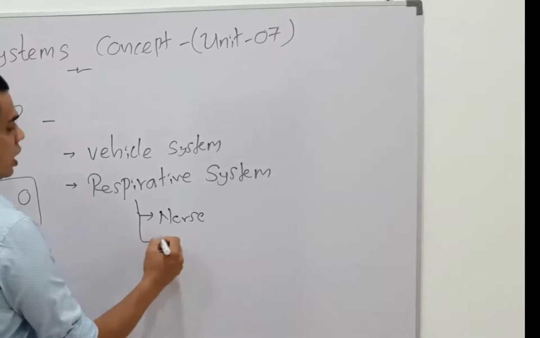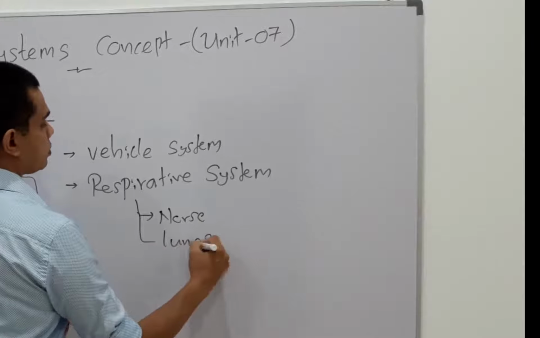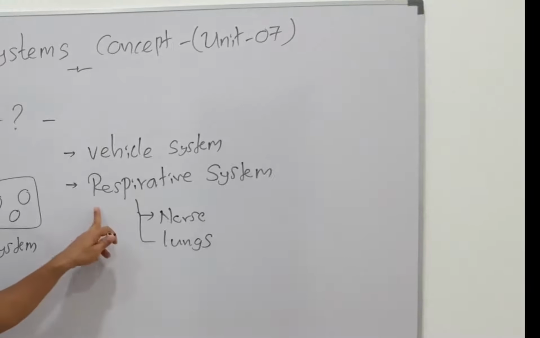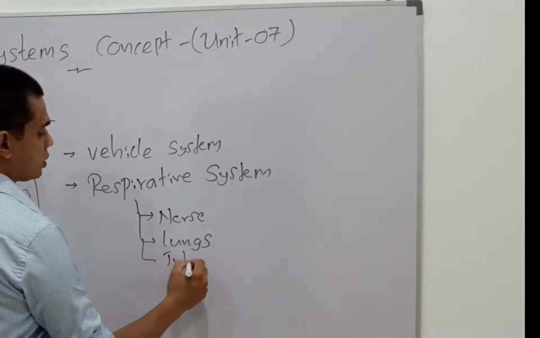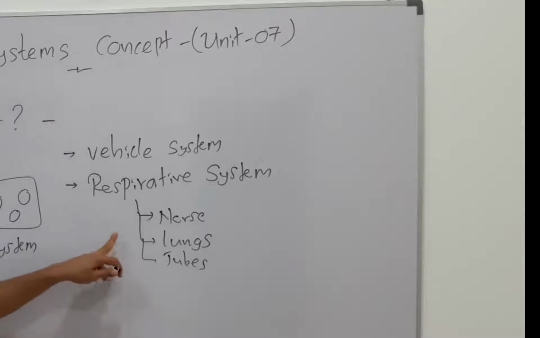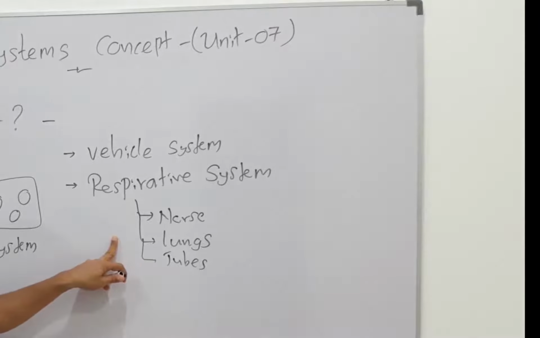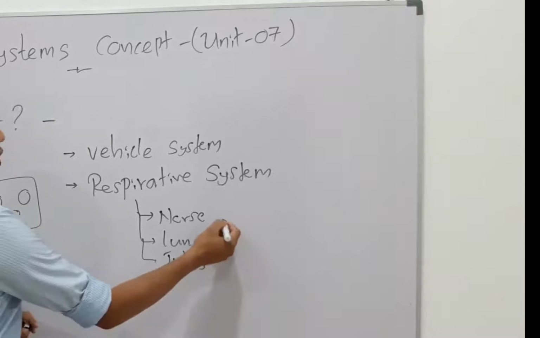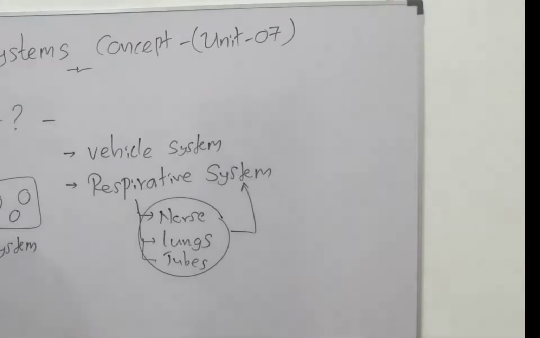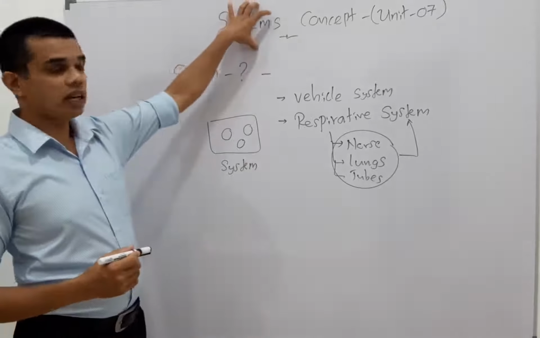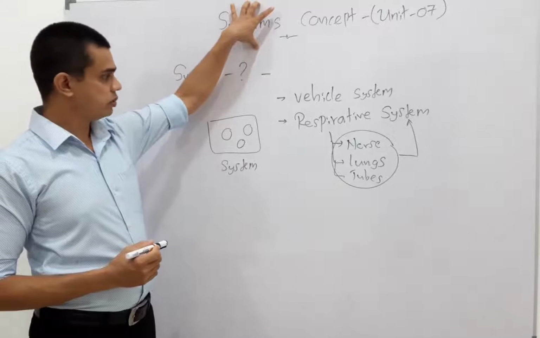We also know that the lungs are part of the respiratory system. Sometimes we have different types of tubes and some other technical or chemical reactions going on. All together they make the system. So that's the real idea behind the systems concept.